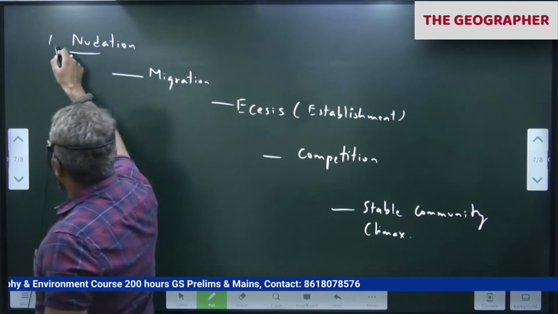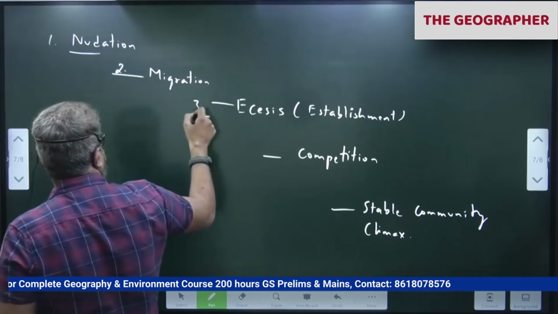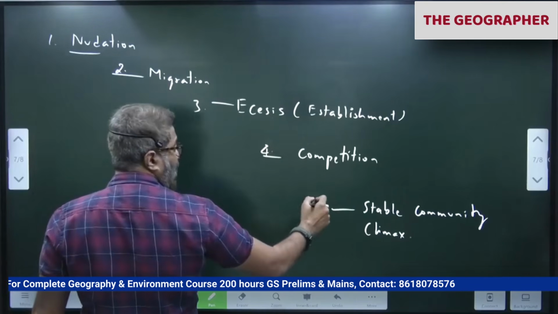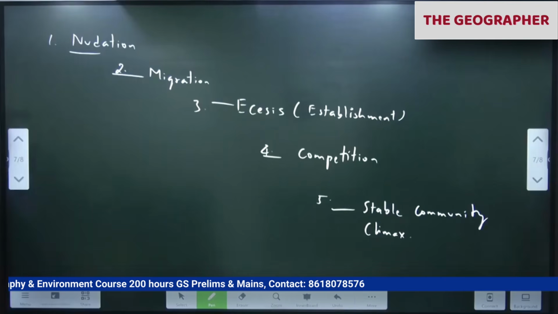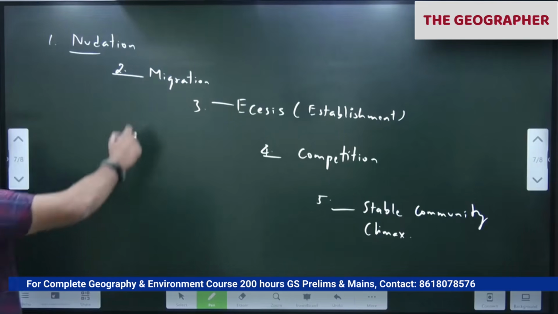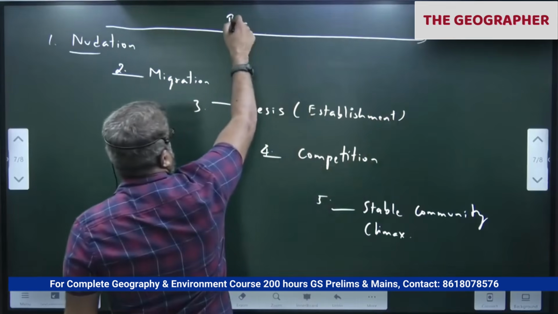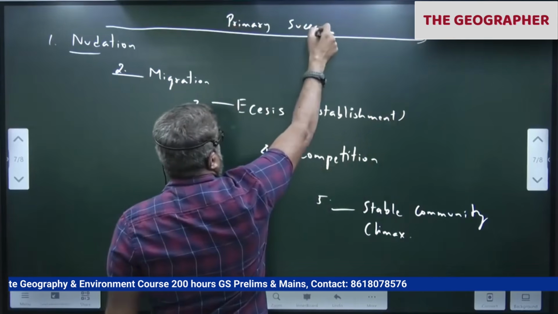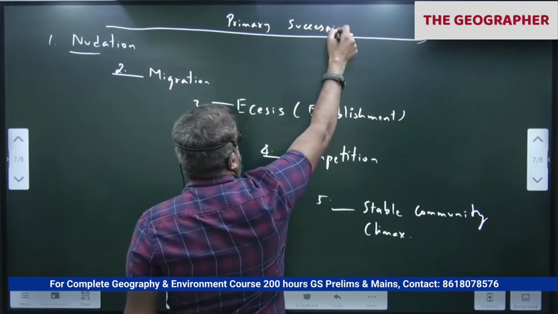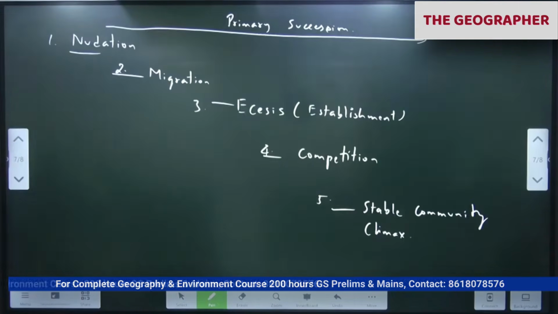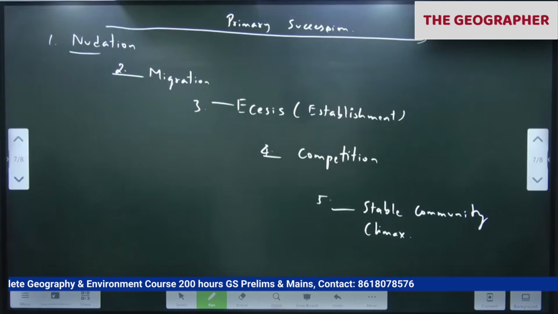First nudation, then migration, then establishment of the plant community, fourth competition and coaction, then finally climax. So this we studied in primary succession. One round we have covered, the first stage.